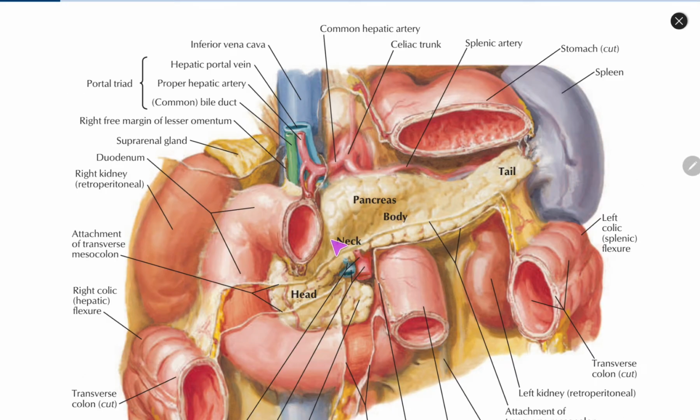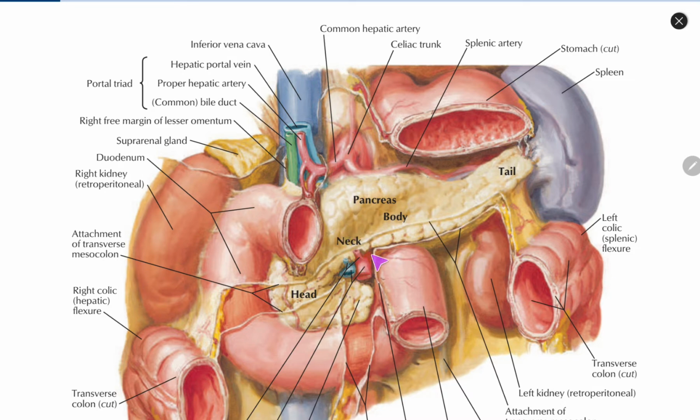So now about the neck of the pancreas. It is a slightly constricted part of the pancreas between the head and the body. It is directed forward, upward, and to the left. It has two surfaces, an anterior surface as well as a posterior surface. The anterior surface is related to the peritoneum covering the posterior wall of the lesser sac and the pylorus of the stomach.